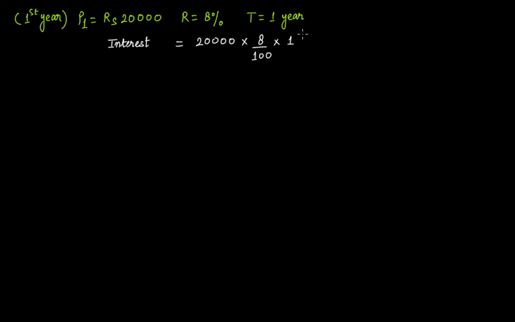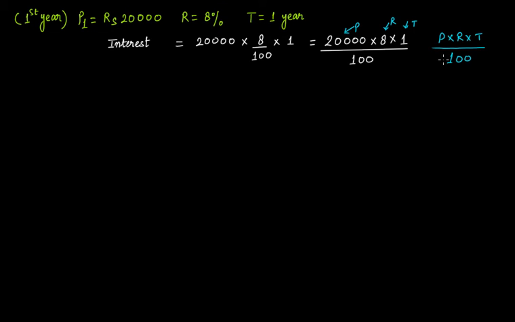We can write this as 20,000 multiplied by 8 multiplied by 1 divided by 100. Now this is P, this is R, this is T. This is actually P times R times T divided by 100, where P is the principal, R is the rate, and T is the 1 year.